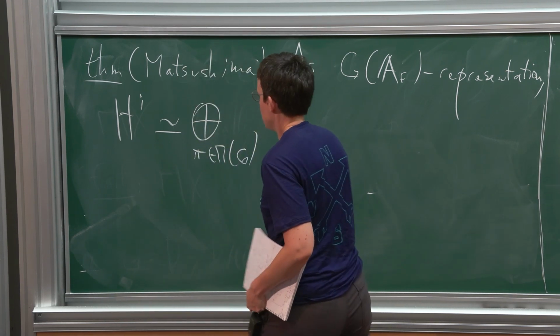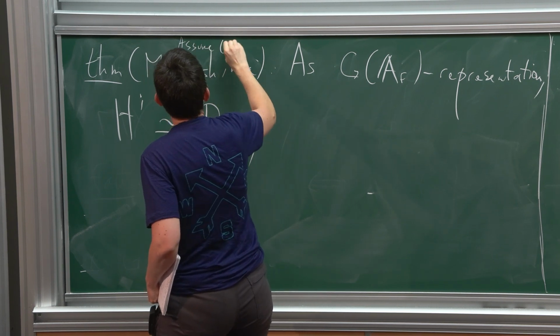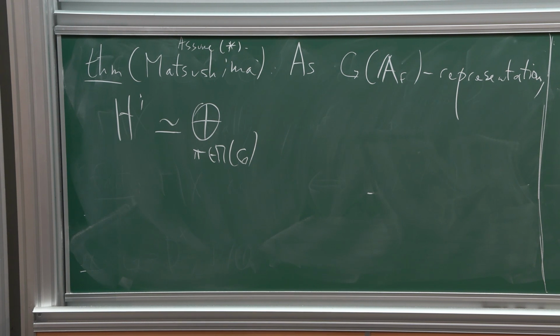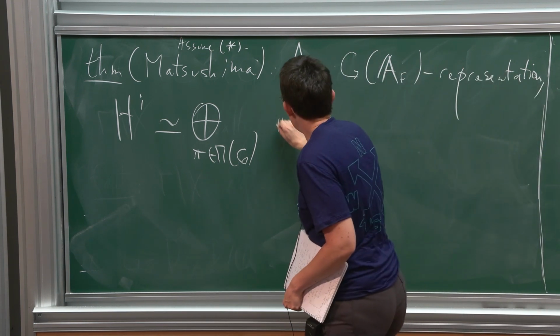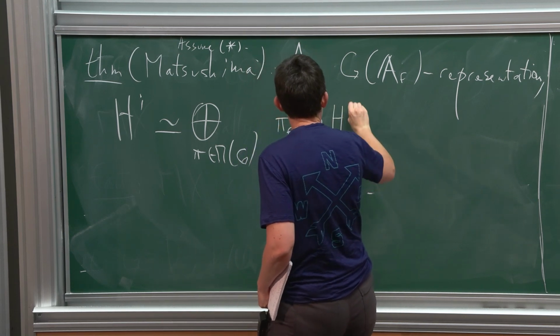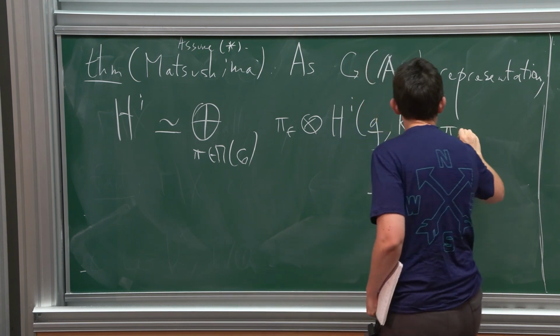Right, so assuming that G is anisotropic modulo center, let me just write stuff and then I'll explain. Well, I won't explain everything.